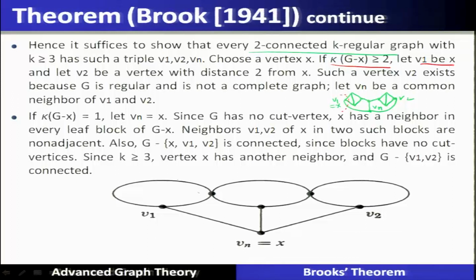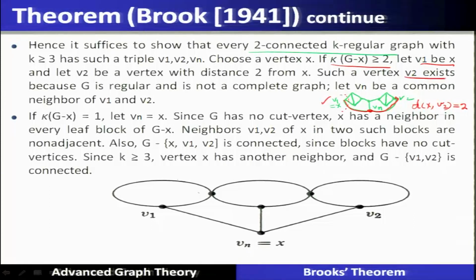So, let V1 be x, that we have already assumed, and let V2 be a vertex at distance 2 from x. You see that this is one hop and this is another hop, so this distance is 2. So, the distance of x and V2 here is equal to 2, and we assume a vertex Vn between x and V2.